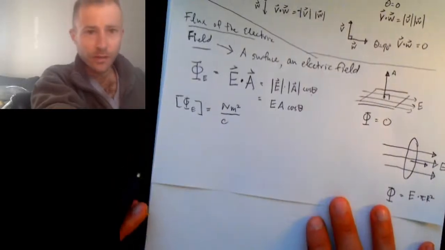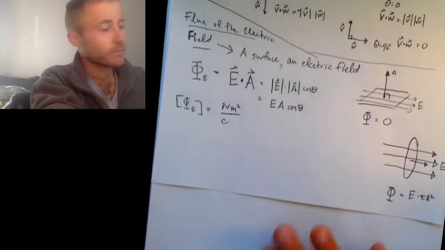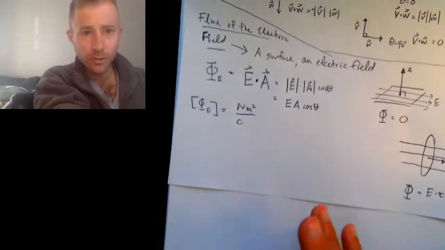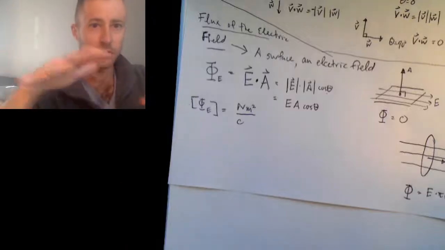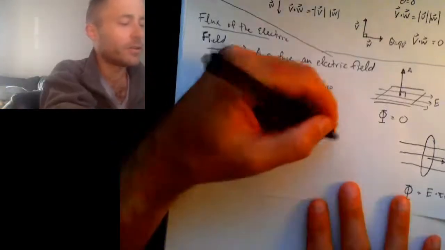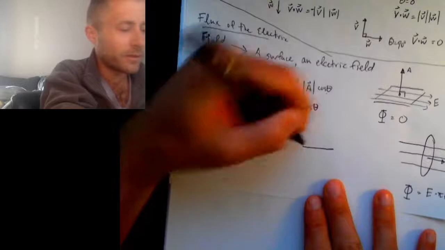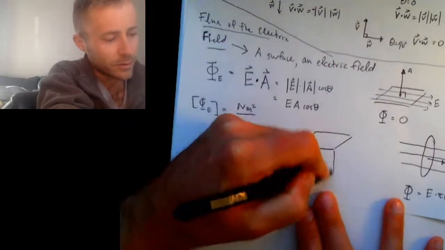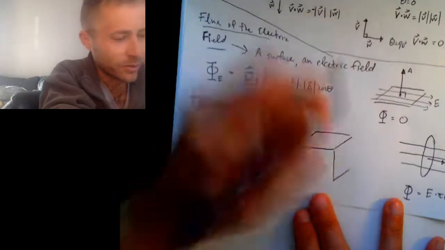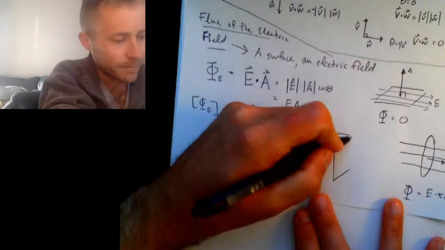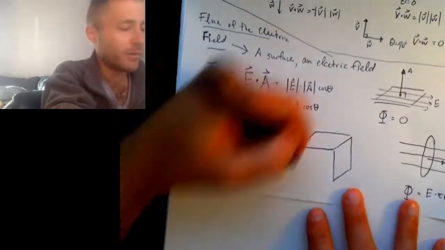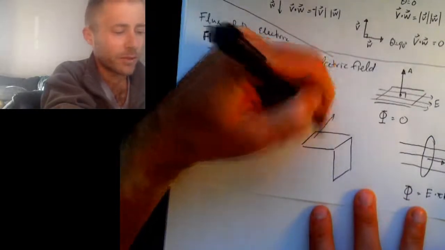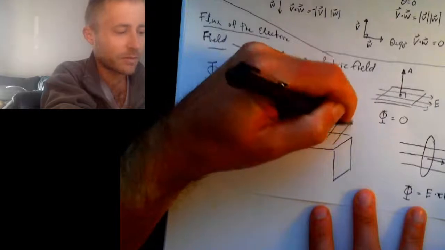So we could actually imagine a more complicated surface that is built up out of subsurfaces. For example, what if I had something like this, where it's like two sides of a cube, and maybe the electric field is pointing in this direction, like this.